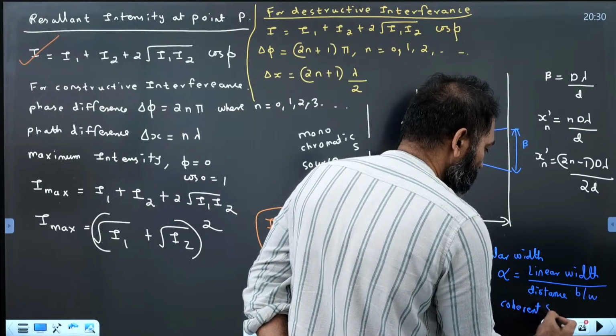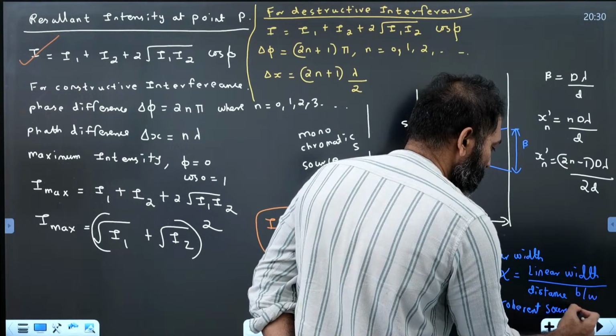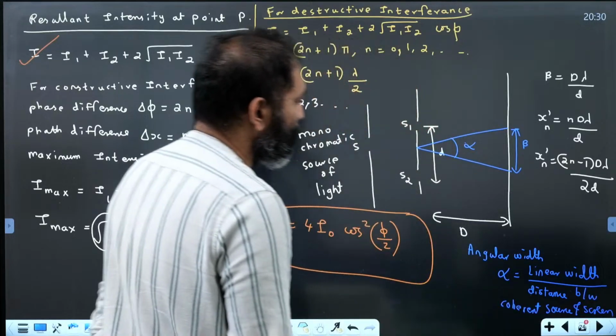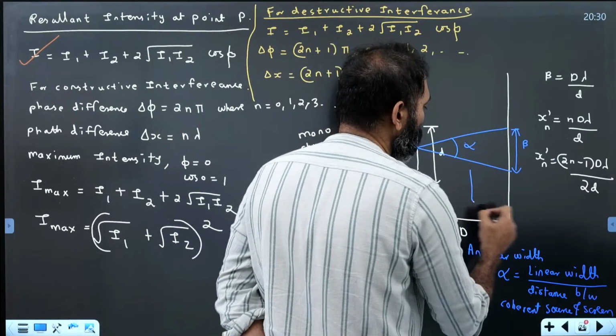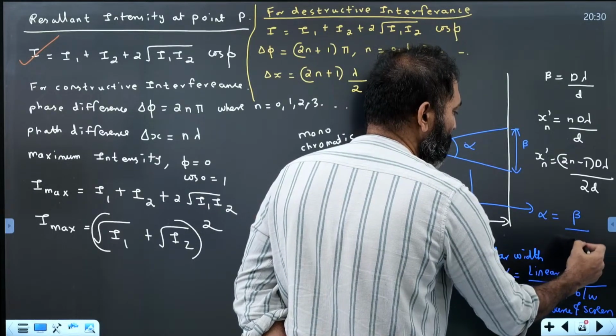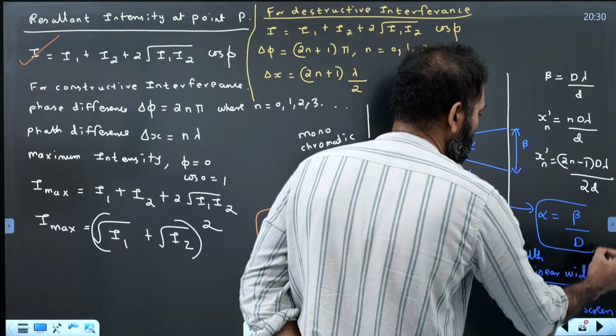So angular width alpha equal to, what is the equation? Alpha is equal to linear width beta by D, capital letter D.